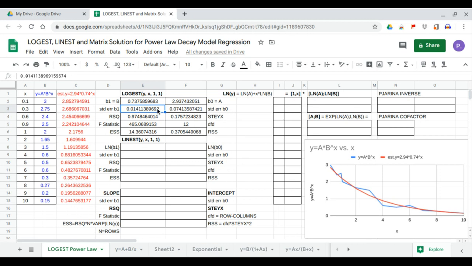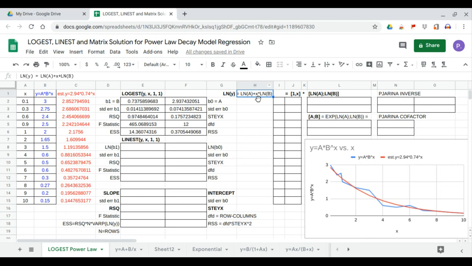These 10 outputs can be calculated using the LINEST. To do that, we have to transform our dataset into the linear form. So starting with the equation, y equals a times b to the power x, in the linear form, it will be ln y equals ln a plus, and the logarithm of b to the power x will be x times ln b.